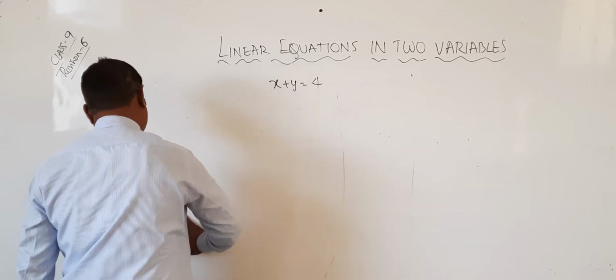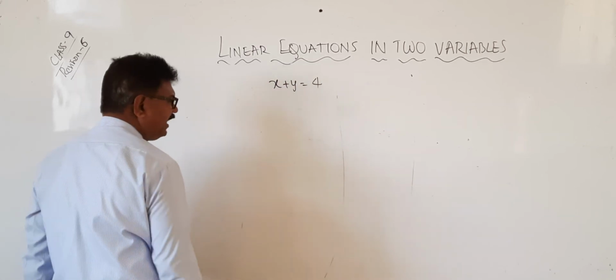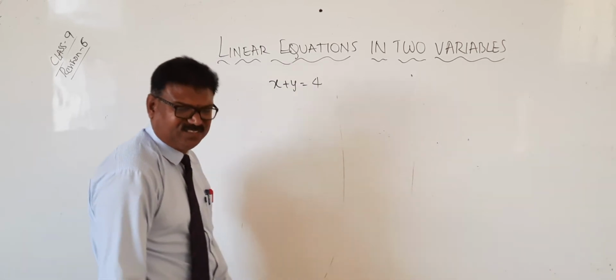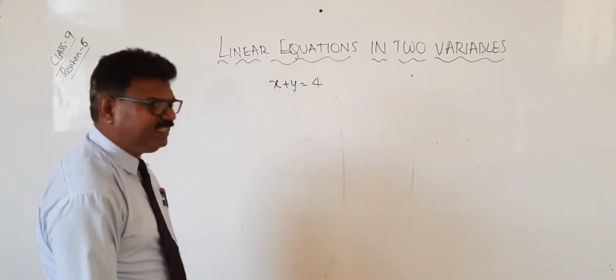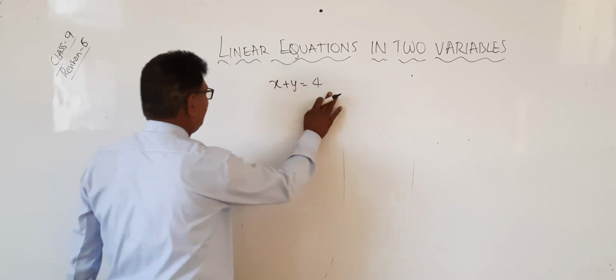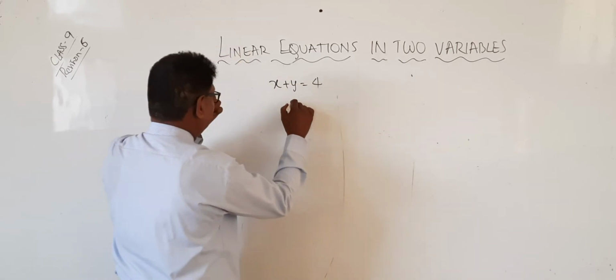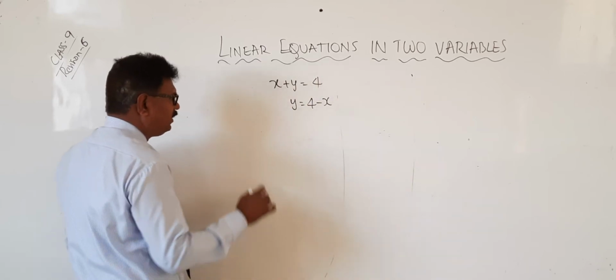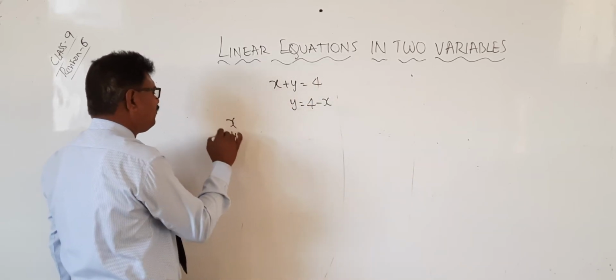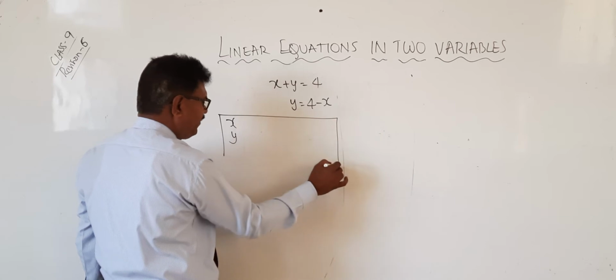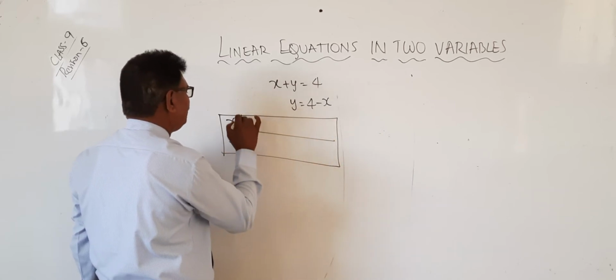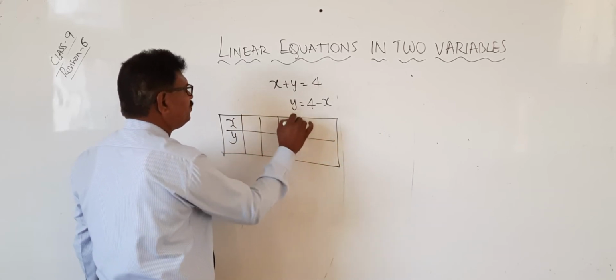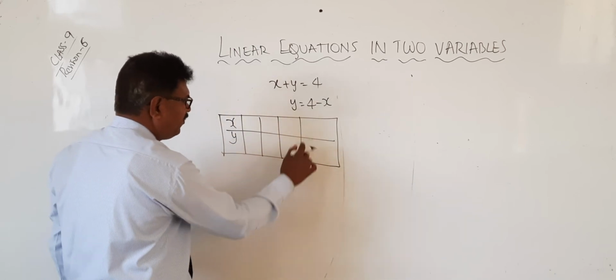To draw a graph we want at least 2 to 3 points. If 3 points are there, then it is very simple. Now I will convert this to y. Therefore, y equal to 4 minus x. Now you can find the values of x and y by substituting values of x to get the values of y. So we will take 4 or 5 values.